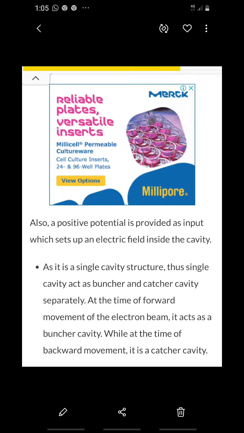As it is a single cavity structure, the single cavity acts as a buncher and a catcher cavity separately. At the time of forward movement of the electron beam, it acts as a buncher cavity, while at the time of backward movement, it is a catcher cavity.